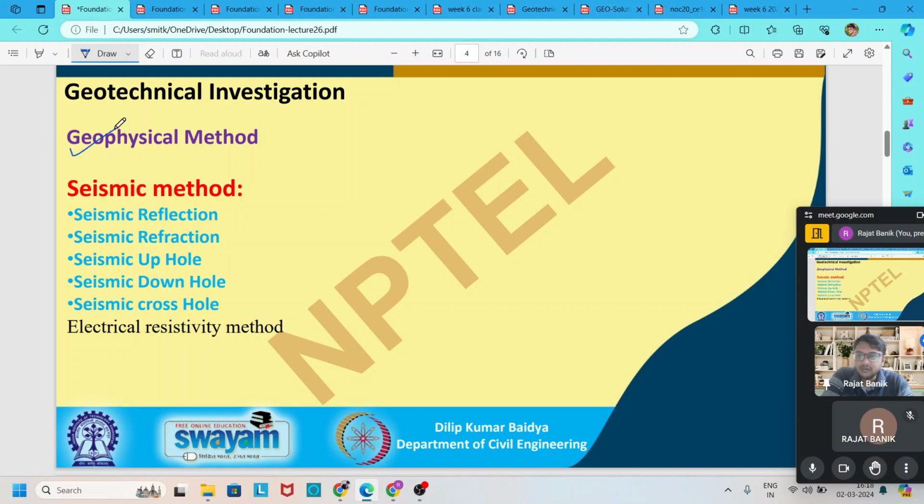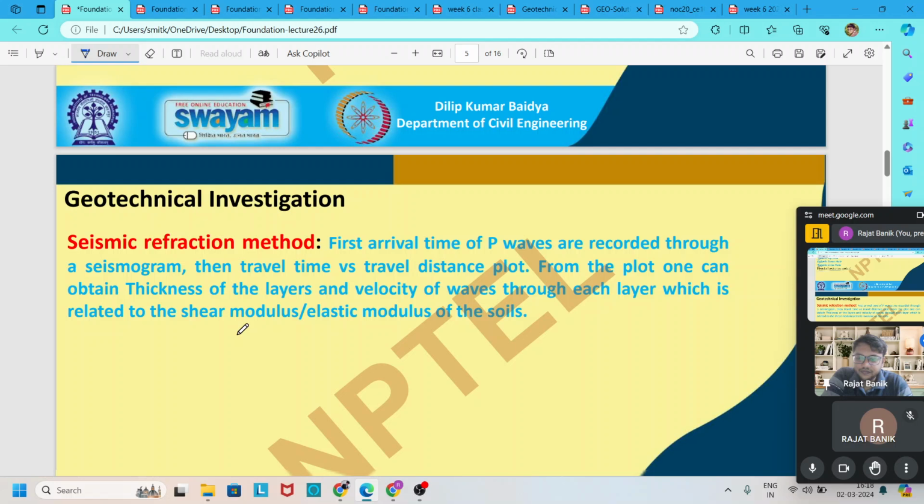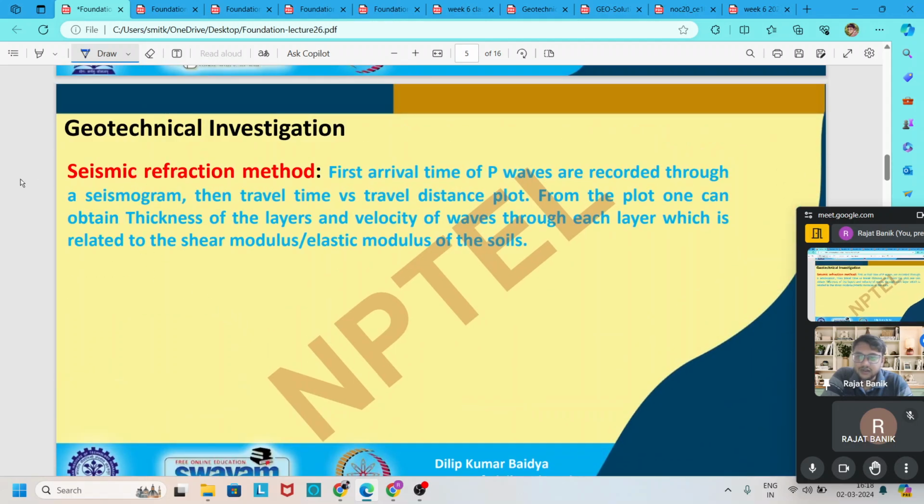This geophysical method has different types. In the seismic method, there are the seismic reflection method, seismic refraction method, seismic up-hole, down-hole and cross-hole methods, and another type is the electrical resistivity method.